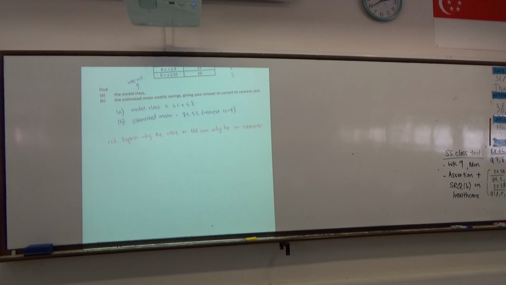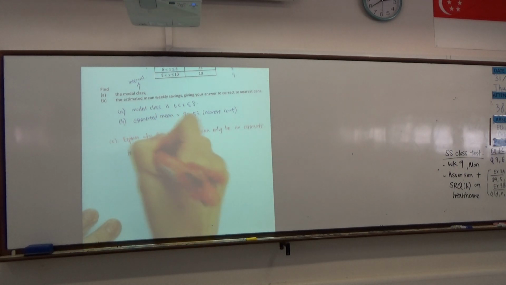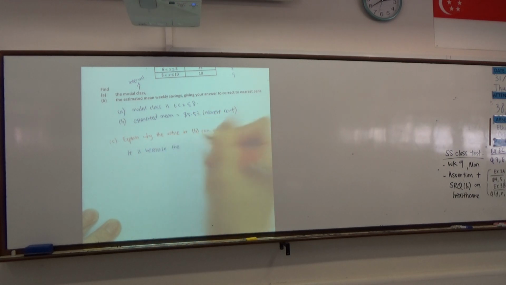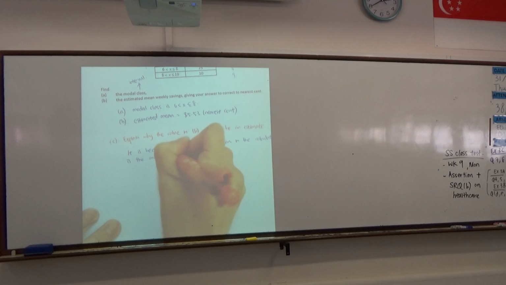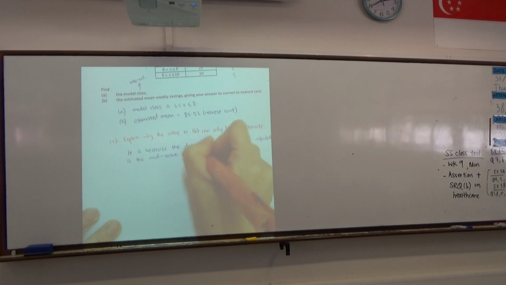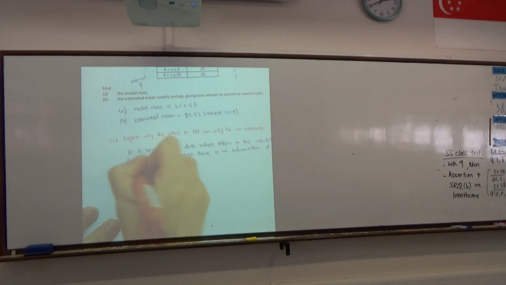So in order to answer this, you can say it is because the data values given in the calculation is the mid value since there is no information of the savings.